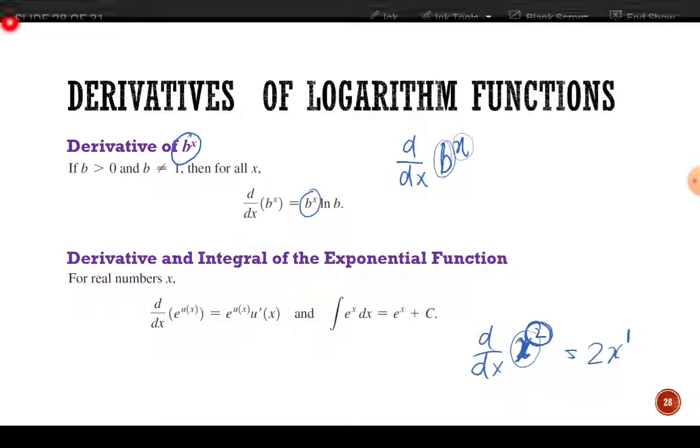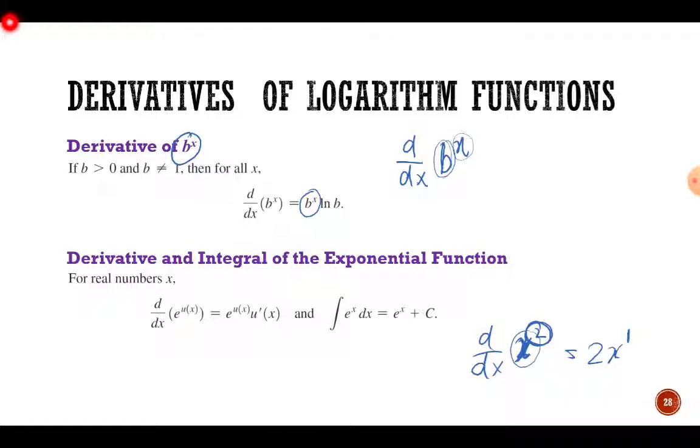So the derivative of an exponential function is equal to, you copy the question back, b to the power of x, and then don't forget to multiply by ln b.